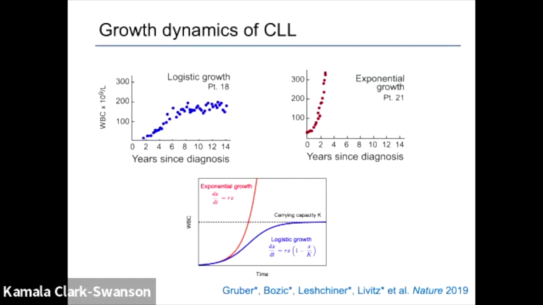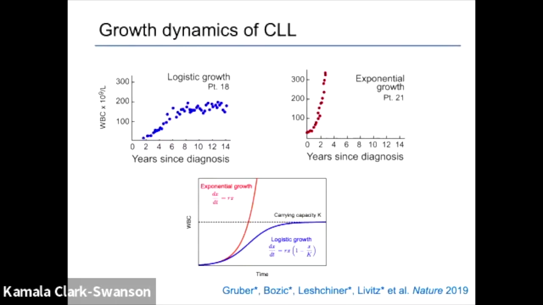I was surprised to see that in many patients, the white blood cell counts, and you can see examples of two patients here, very closely follow very well-known equations of population dynamics, namely exponential and logistic growth.